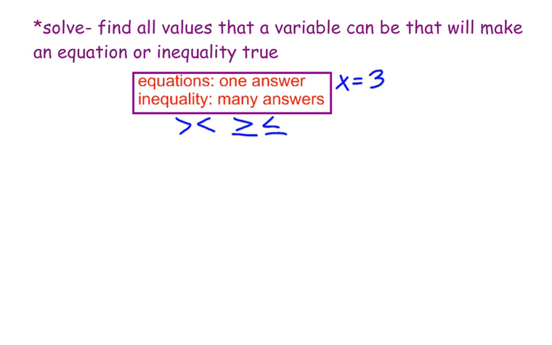So an answer to an inequality might be x is greater than 3. So what could be an answer? Well, 4 could be an answer, 5 could be an answer, 102.1 could be an answer. There are many answers when we're solving inequalities. Equations generally only have one answer.